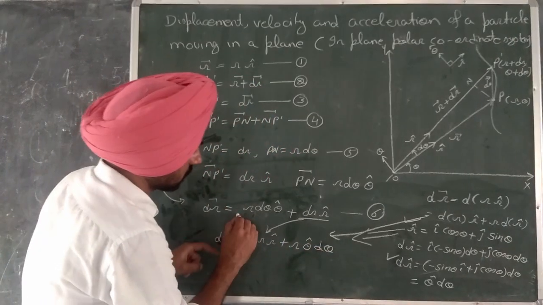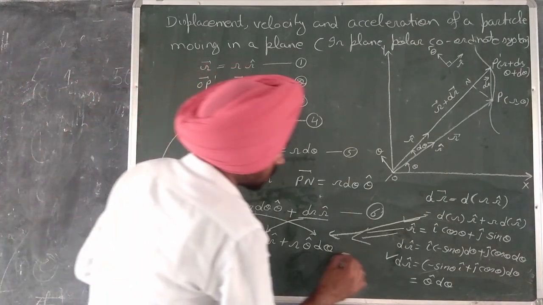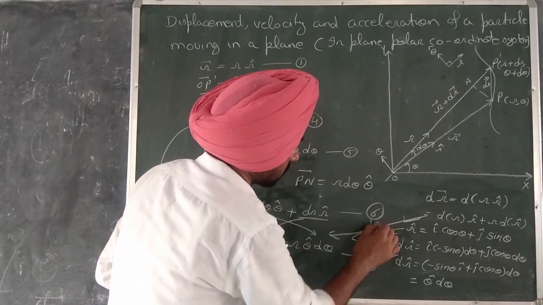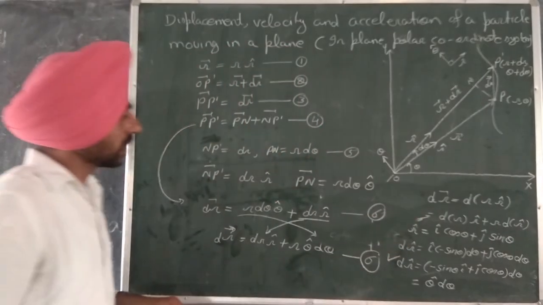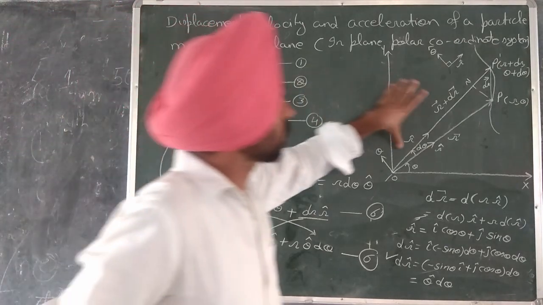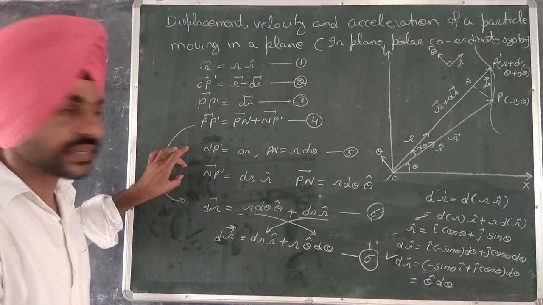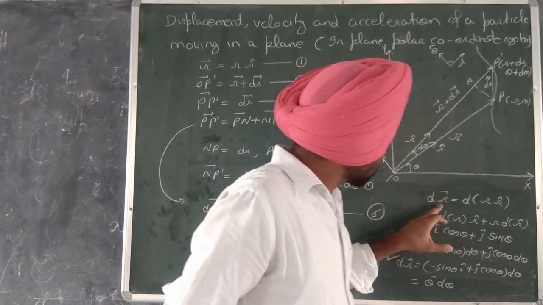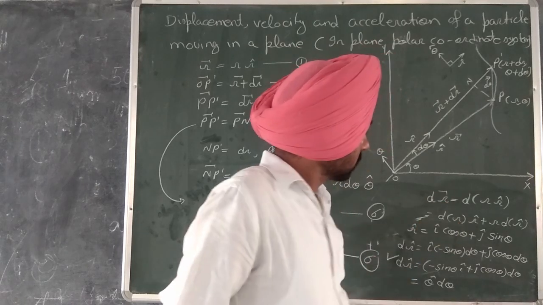So this is the same expression as here, so this is equation number 6 again. So we can find out the displacement of the particle moving in a plane polar coordinate system by two methods. First is from triangular vector addition, and second by simply considering the derivative of vector r.